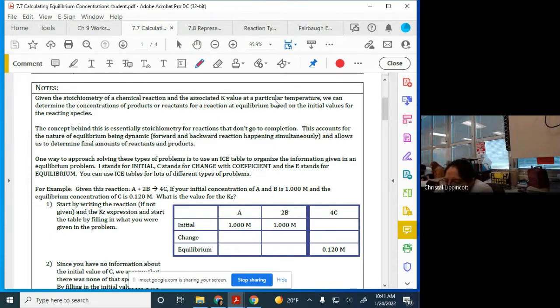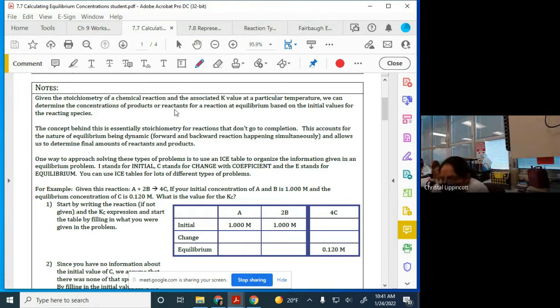When you're given the K value for a particular temperature, remember K can change by temperature. We're going to talk more about that when we get into section 7-9.